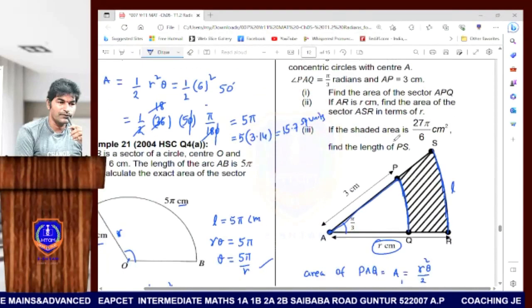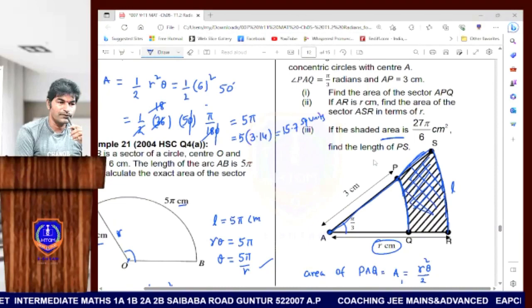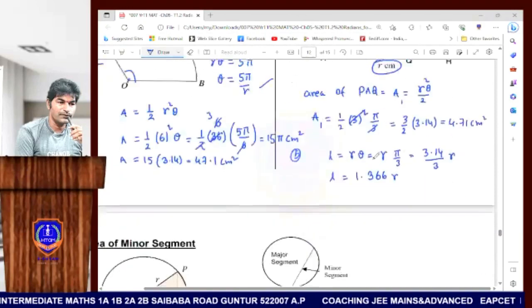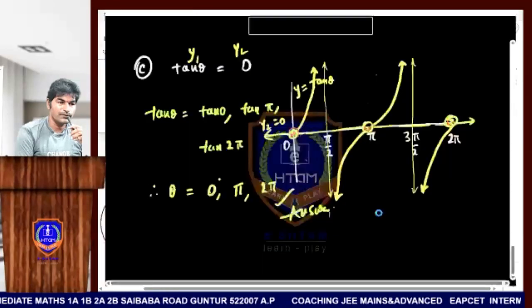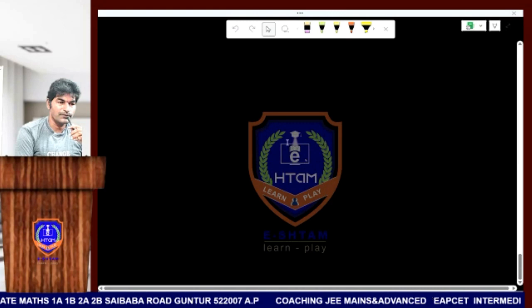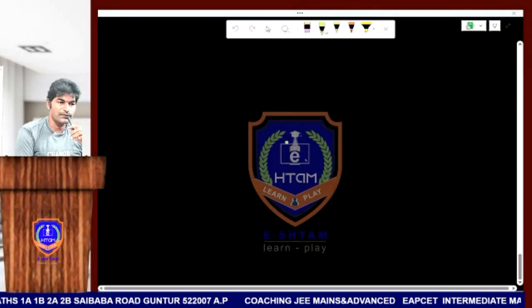And the shaded area is 27 pi by 6 centimeters square. Find the length of PS. This one, he is asking this one. So actually he mentioned the difference in area. Look at the shaded portion; this area he mentioned.